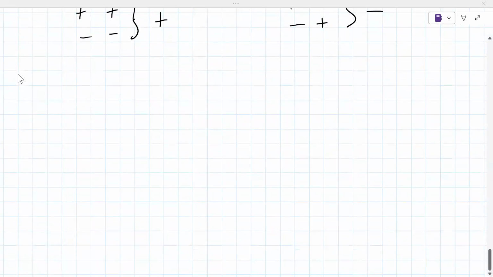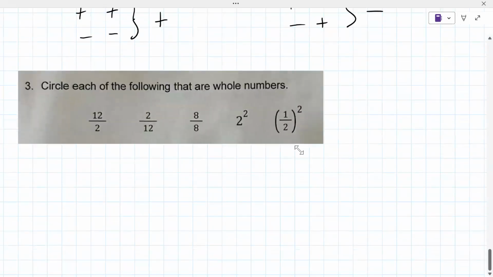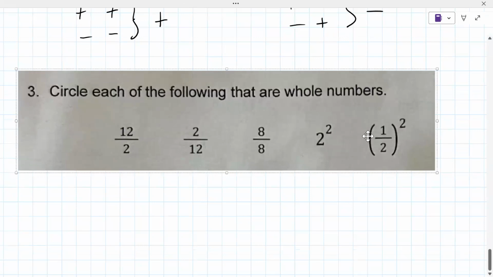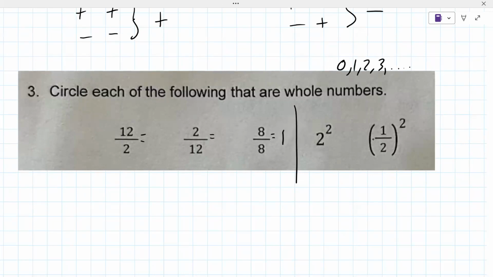Okay. All right, so number 3, you want to simplify each of them, and you may need some help with the last 2, but let's just start with the first 3. What does this simplify to? So 8 over 8 simplifies to 1. So is that a whole number? Yeah. Whole numbers are 0, 1, 2, 3. So 8 over 8, yes, it is.